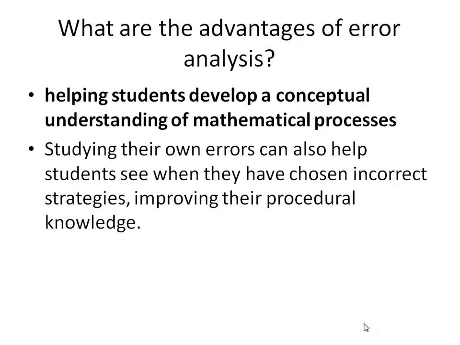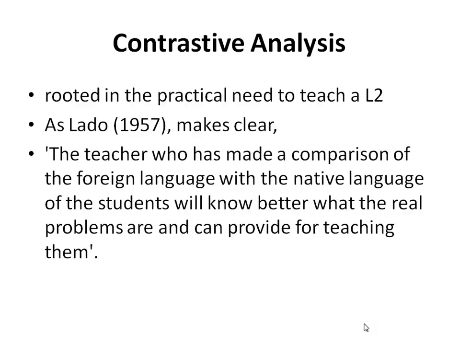What should I say? These are the approaches. That means if you can understand the error, the learner can develop their own strategy to eradicate the errors. So in this way, errors will be helpful in the language learning approach.